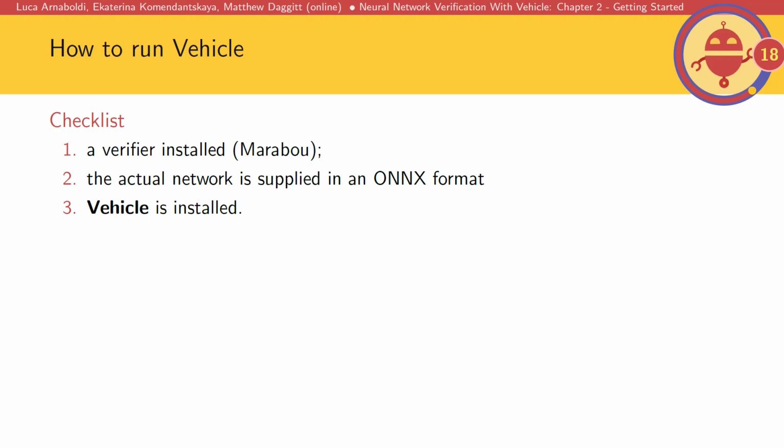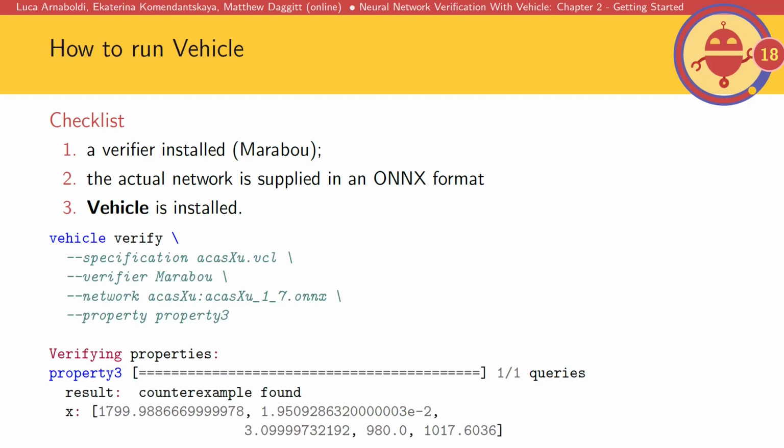It's given in the folders with exercises for the tutorial, so you're going to get your ONNX networks already prepared for you. And then you need to have vehicle installed, which is also literally just one command line, pip install vehicle lang, and that's all. If you go to the vehicle tutorial pages, you will be able to find these commands. If I have these three things in place, I'm ready to run just a single command line.